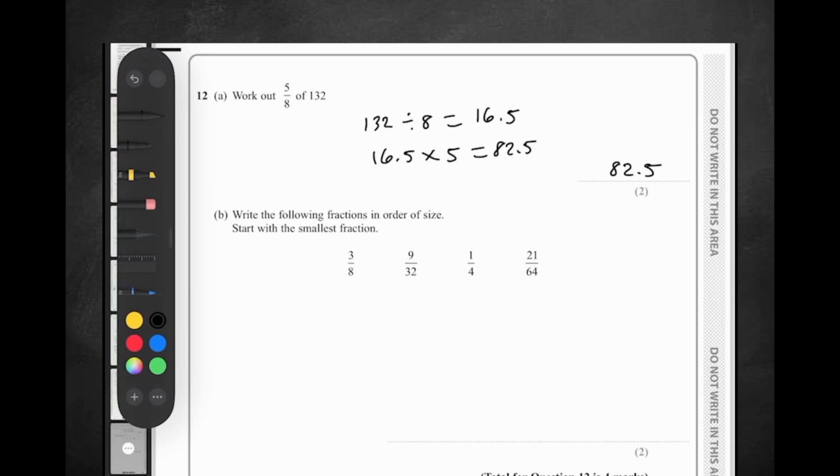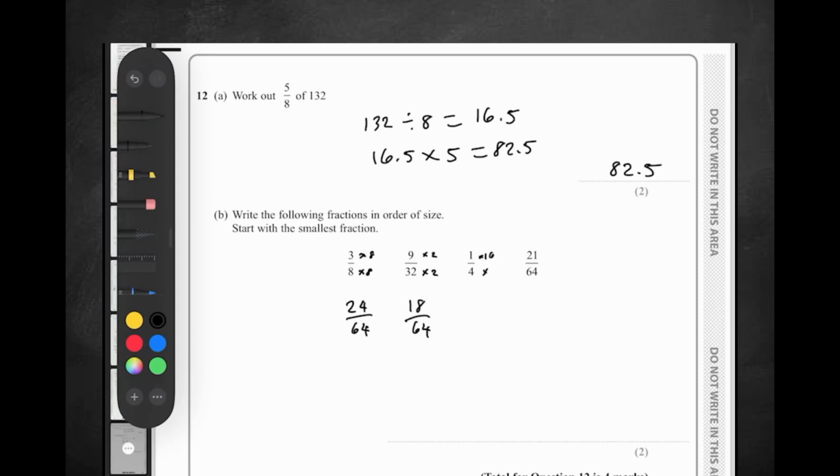Part B. Write the following fractions in order of size. Start with the smallest fraction. So they've all got different denominators, so let's make them all the same denominator. And let's make them all 64. So this is going to be the same as multiplying the top and the bottom by 8. So 24 over 64. This one, the top and the bottom by 2, will be 18 over 64.